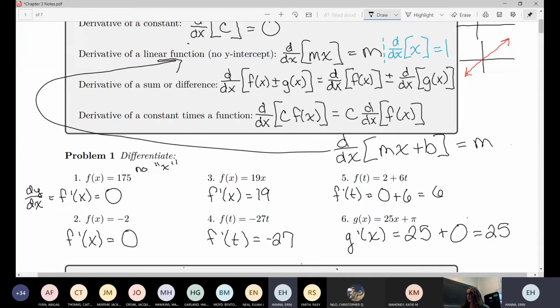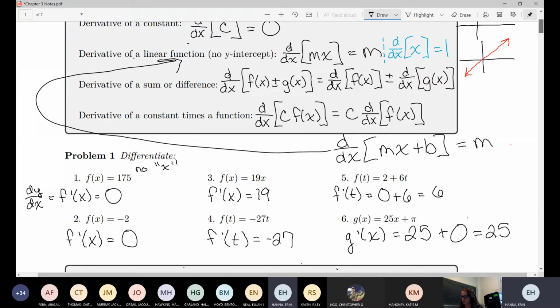But I could also make it an extra rule off to the side, where the derivative of a complete linear function, even with a y-intercept, is still just going to be that slope of m. But this extra rule is kind of these two rules smashed together.